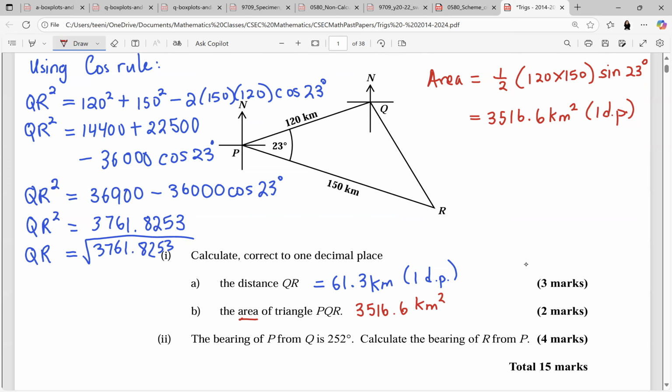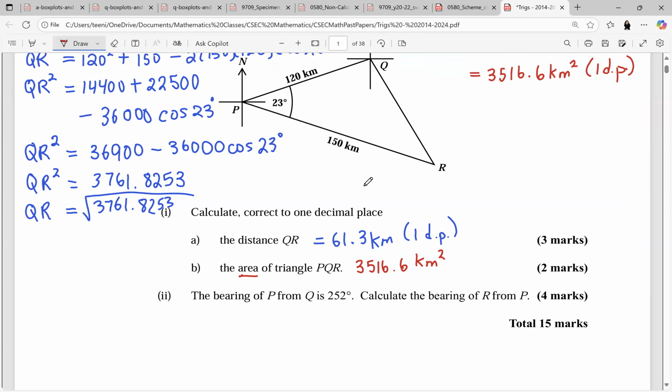Right, so let me show you how the bearings work now. It says the bearing of P from Q is 252 degrees. If it's P from Q, where's the starting point? Q, miss. Excellent. Q is the starting point.